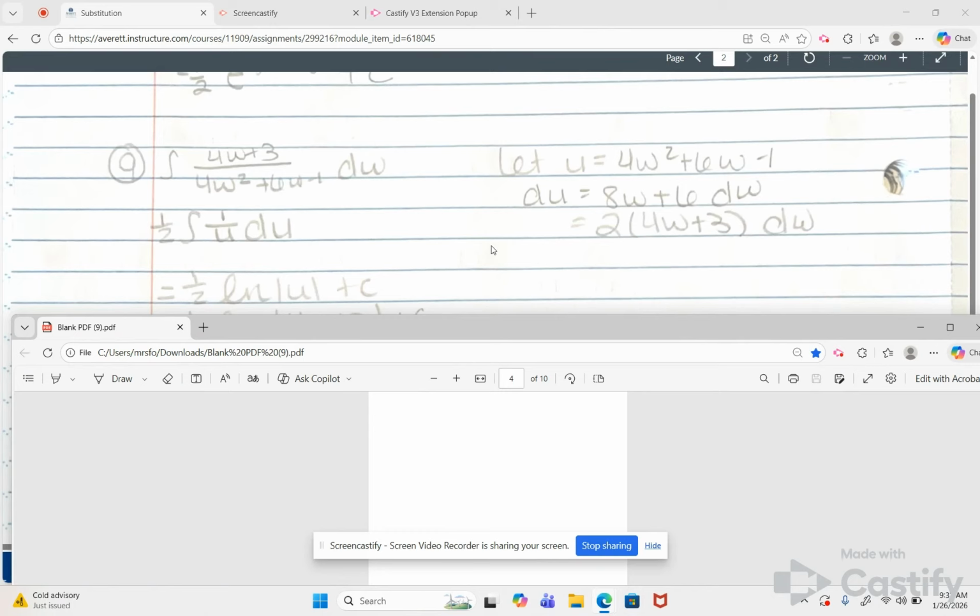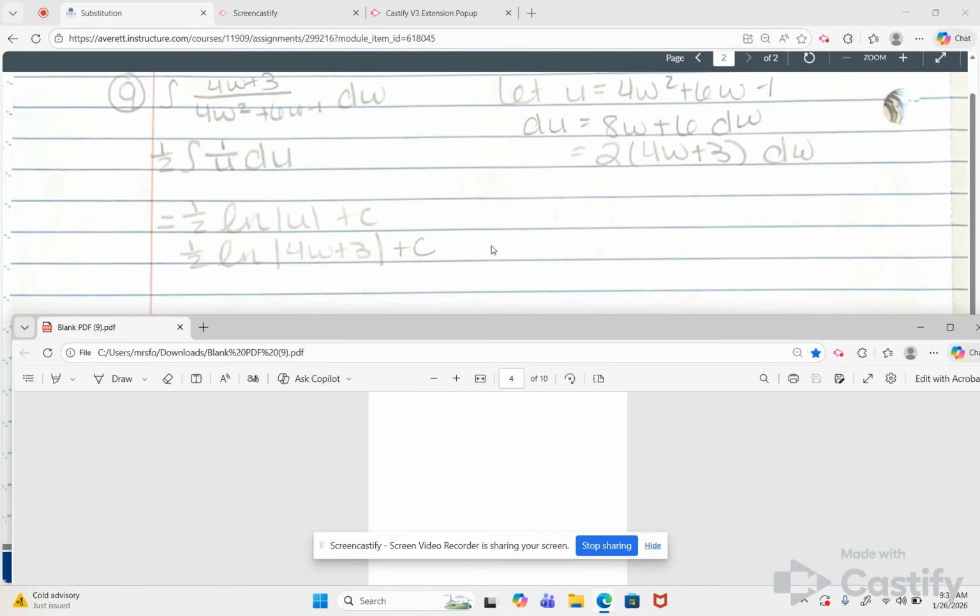And then we substitute in for u to get 1/2 natural log of 4w plus 3 plus c. So with these that we've been doing, you might have to reference back to our trig identities, our trig integrals, our logs, our exponential functions, and that's okay.